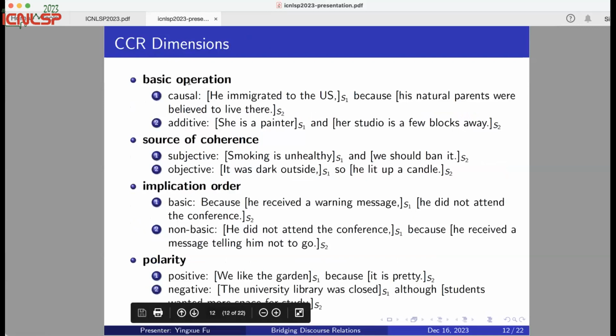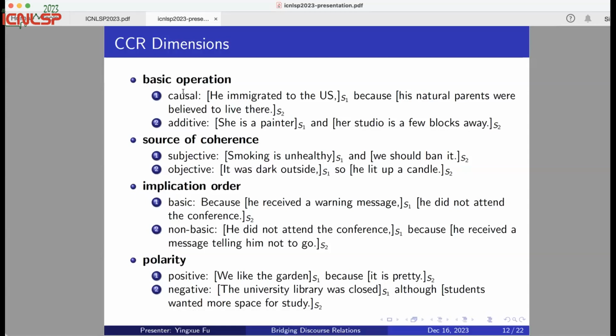So that's the meaning of these CCR dimensions. For basic operation, we can see there are two subcategories: causal relations and additive relations. And if a relation cannot be determined on this dimension, there will be a category non-specified.